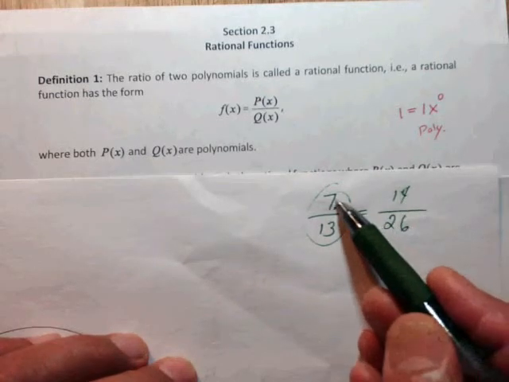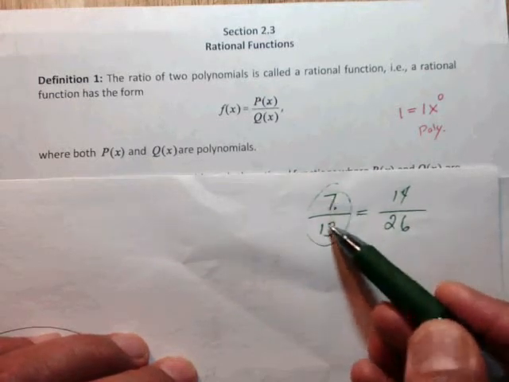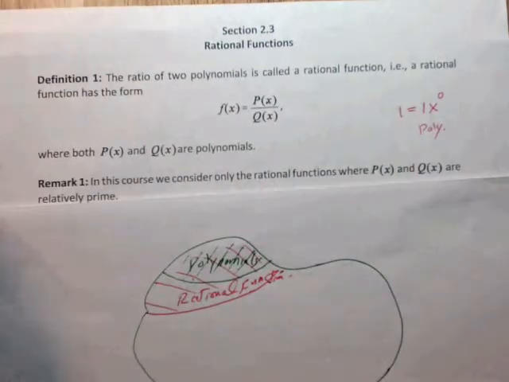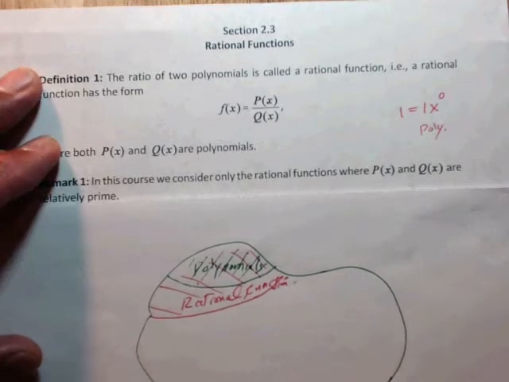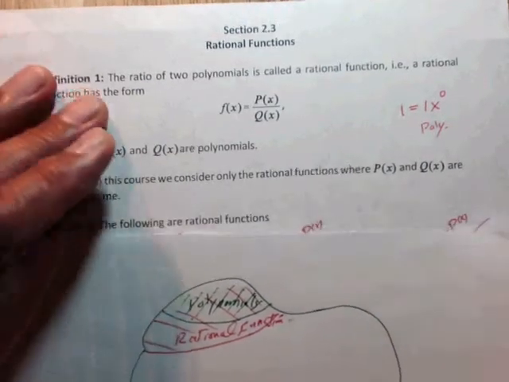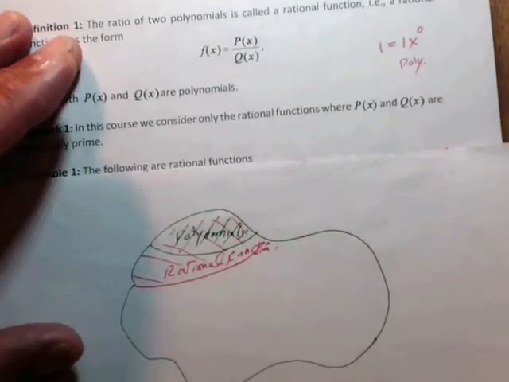So these two have common factors, but these don't. We say 7 and 13 are relatively prime. The same idea applies to rational functions. So we want p and q to be relatively prime, in other words, not having common factors.